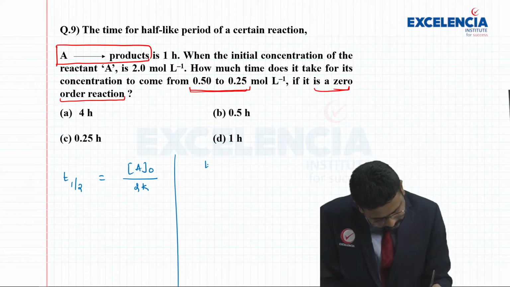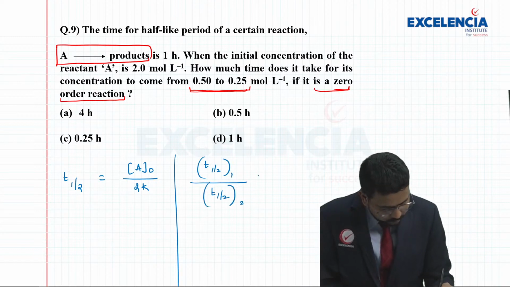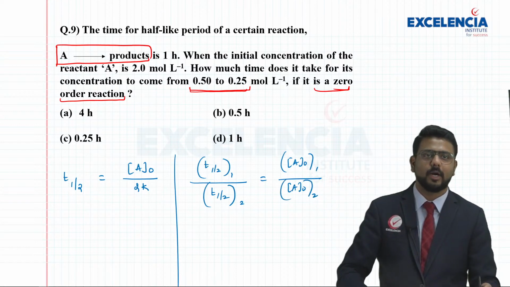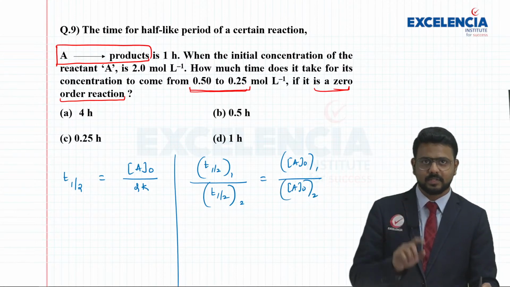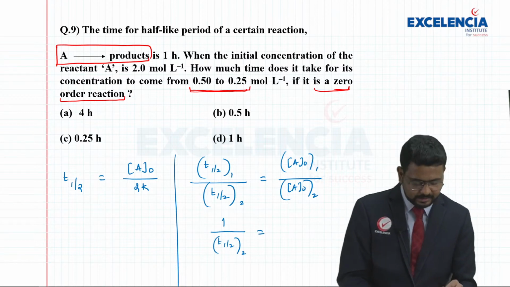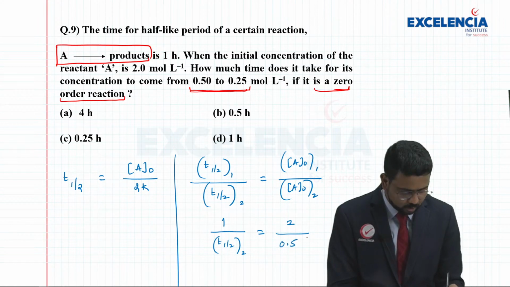So let me put it as T half 1 over T half 2, which is equal to obviously A0 1 over A0 2. So half-life in the first case is given to you as 1 hour. Second case obviously we do not know, we have to find this, which is equal to, in the first case initial concentration is given to you as 2, in the second case initial concentration is 0.50.